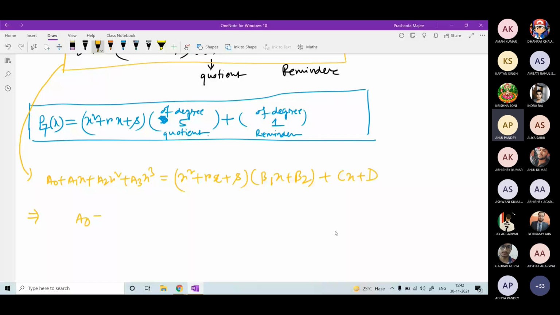What is A0? A0 equals D plus s times B2.